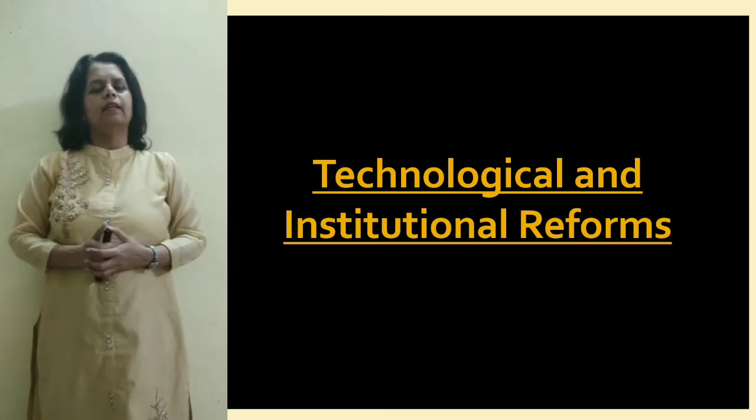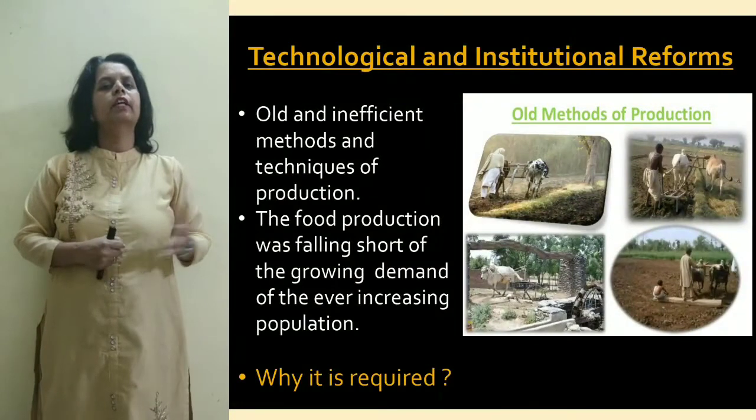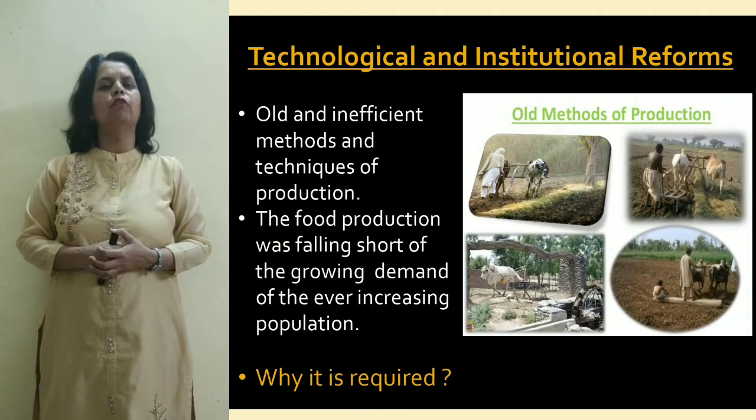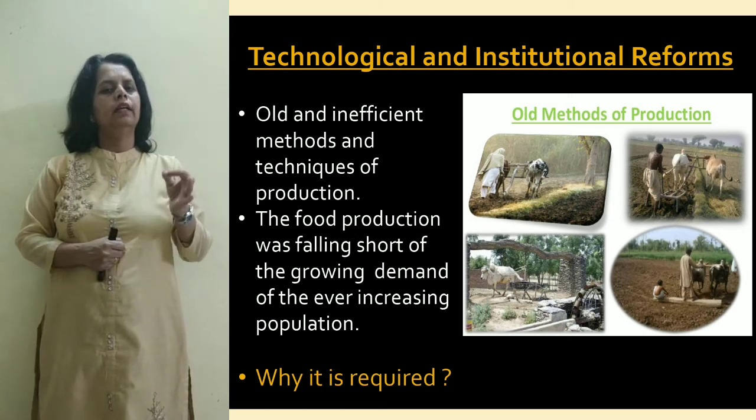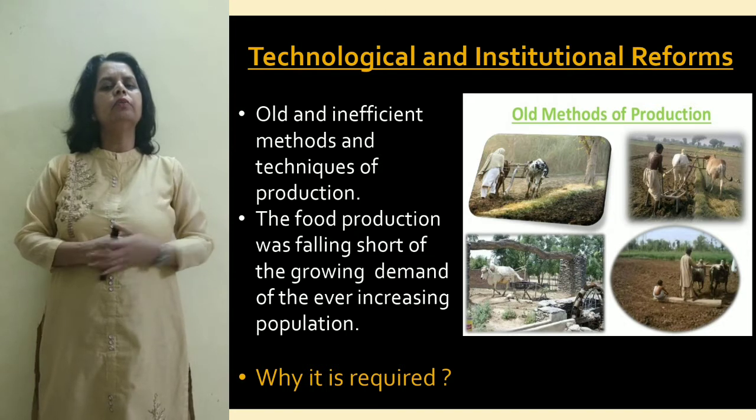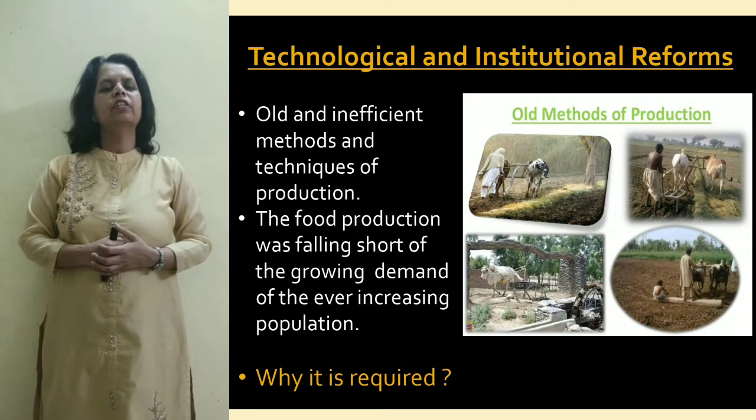Okay, so let's start. When I talk about technological and institutional reform, why is it required? What's the need for it? Indian farmers have been using old and inefficient methods and techniques of production for a long period of time.